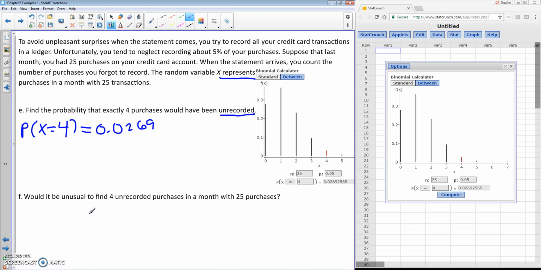And we want to know, would it be unusual to find 4 unreported purchases, right? So we're comparing our probability to 0.05. So in this case, it would be unusual since the probability that x equals 4 is less than 0.05.